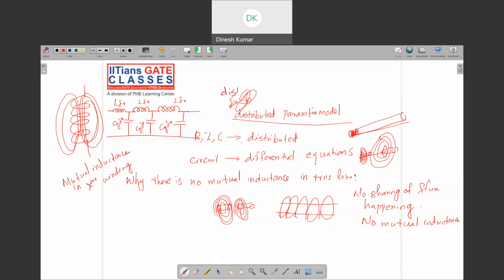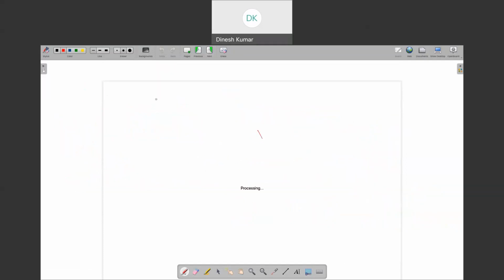So now we can write the governing equation for the system.